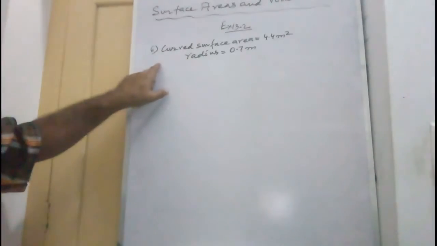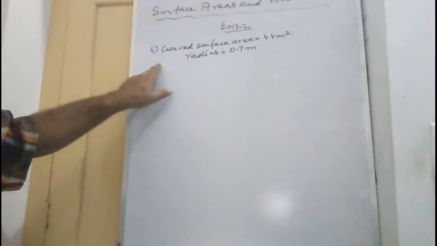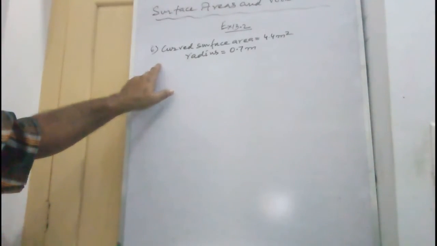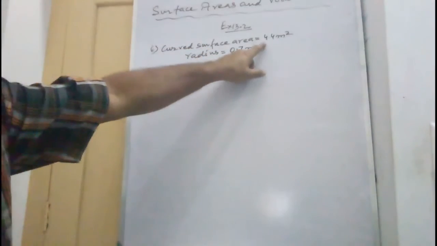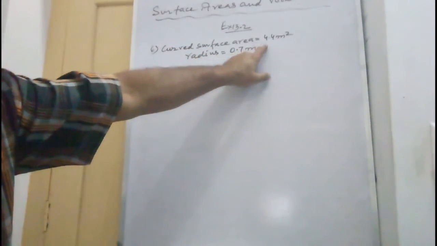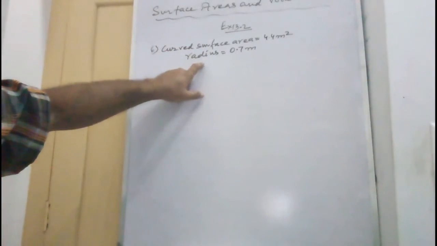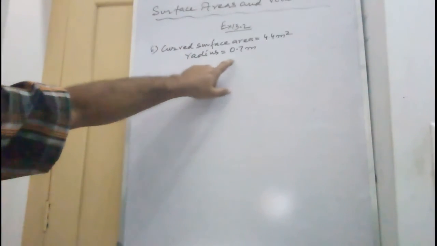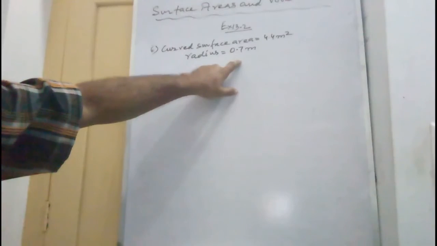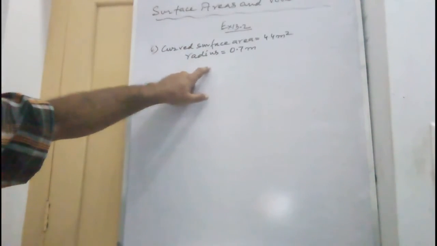Now sum number 6. In this question, the curved surface area of a right circular cylinder is given, 4.4 meter square. If the radius of the base is 0.7 meter, then you have to find the height of the cylinder.